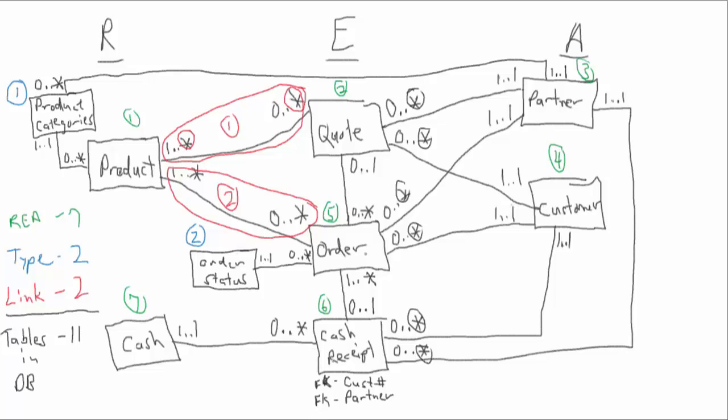And in the case of this cash receipt, a foreign key cash account number, or whatever you end up calling it in the database. Alright, so our class model here gives us the information we need to now go ahead and start building our database.